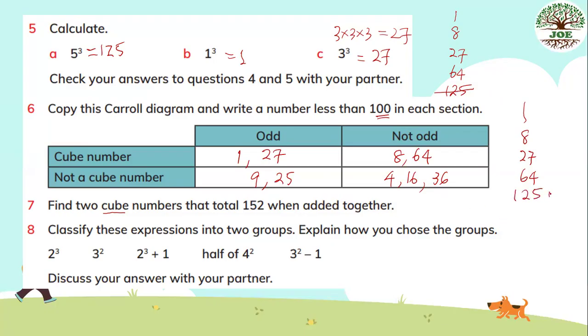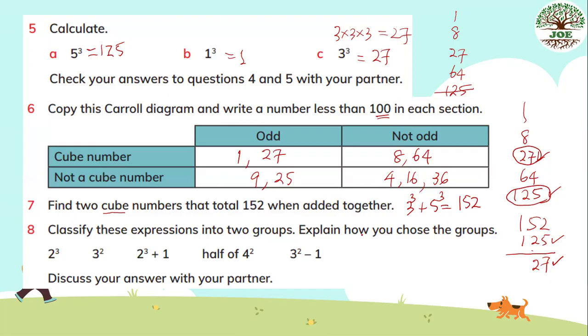Let's subtract the largest one from 152. 152 minus 125 is 27. So we can add 125 and 27. 125 is 5 cube, 27 is 3 cube. 3 cube plus 5 cube is 152. They are 125 and 27.